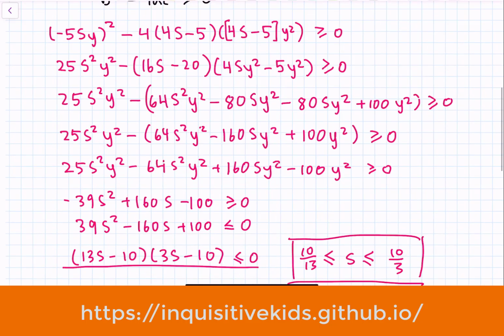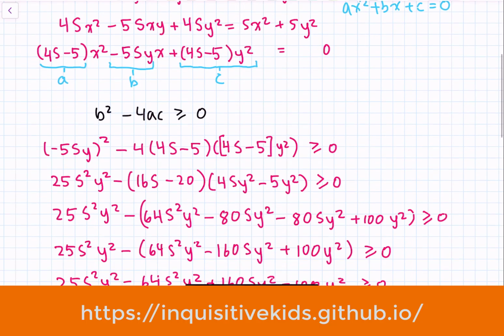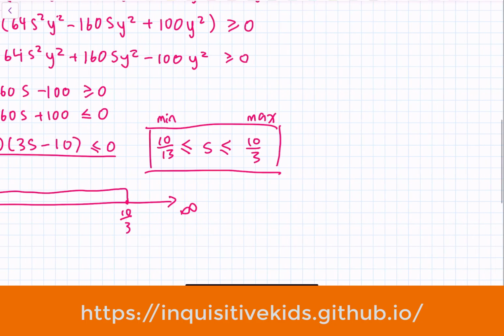And let's go back to the original question. It was asking for what is 1 over s max plus 1 over s min. We already know the s max and min now. This is the min and this is the max. So we take their reciprocals, which is 13 over 10 plus 3 over 10.